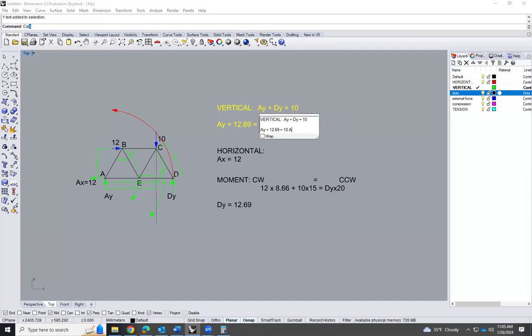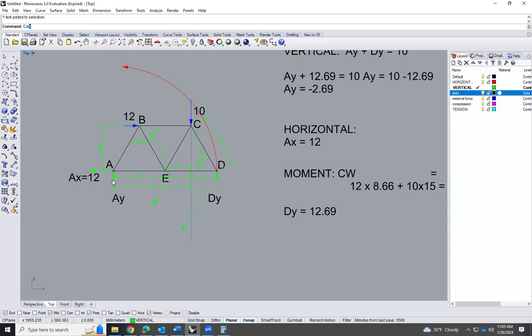So ay equals 10 minus 12.69. This is 10. So that means that ay equals negative 2.69. There you go. So it's negative. It doesn't matter. Well, it matters because we assume that this direction is wrong.